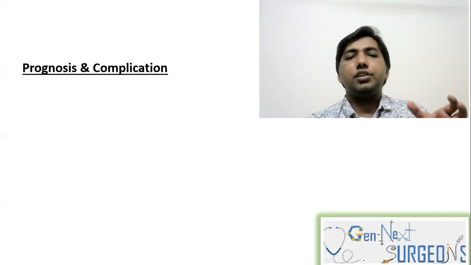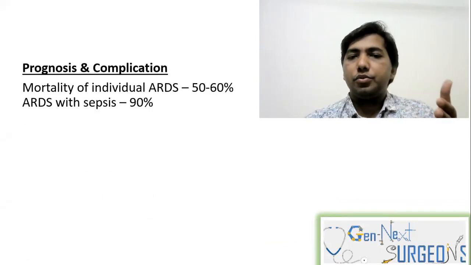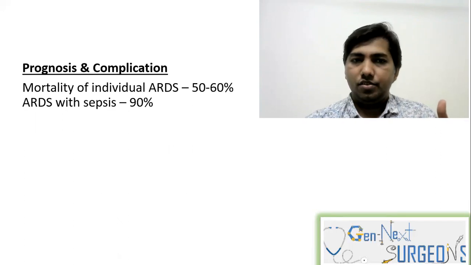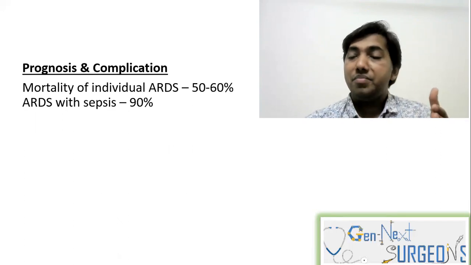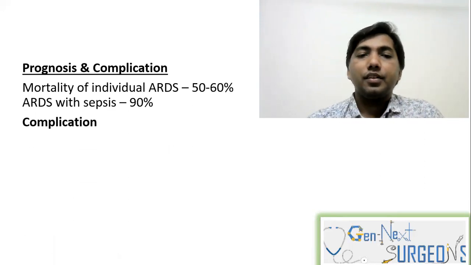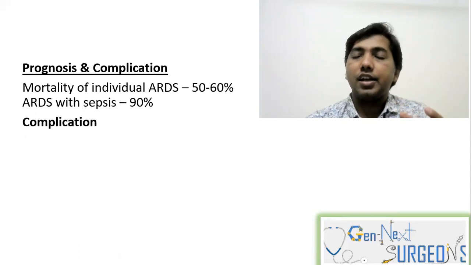Now another point is prognosis and complication. Mortality in ARDS is 50 to 60%, but if it is associated with sepsis, then the mortality goes to 90%. Okay, that is the thing. There are lots of options, but mortality is very high.